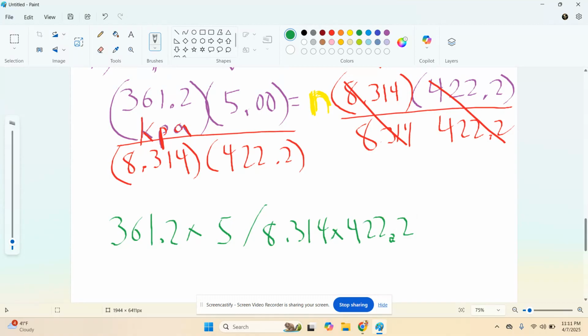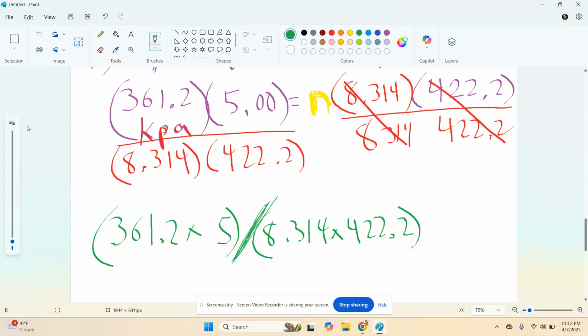Based on how they entered this, you're going to end up with a number that is multiplied by 422.2 when it should be divided. It's on the bottom of the fraction line. So you need to put this in parentheses and make sure that the whole bottom of this fraction stays together. Or alternatively, you can figure out the top value first, the bottom value second, and then divide them accordingly.